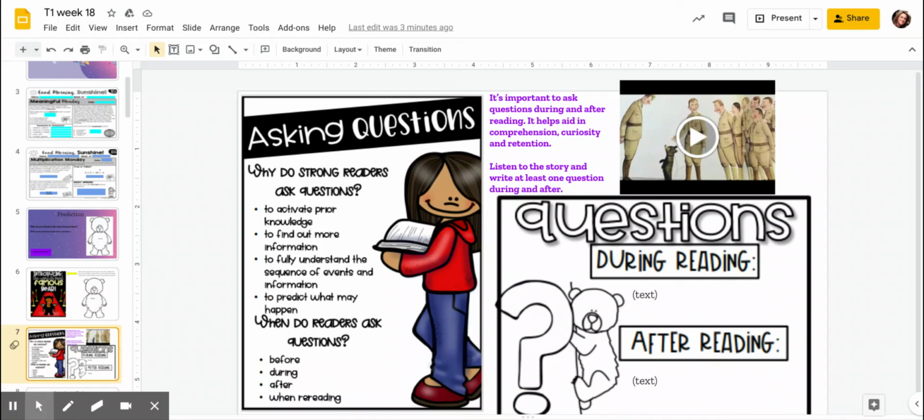You'll remember it better. It's how you become more curious and how you find out more information. It's how you understand sequence of events and information. You question things, and that means you're really paying attention. And it's how you make predictions of what might happen. So it's really important to question, especially while reading.